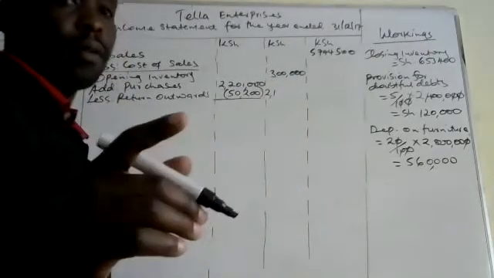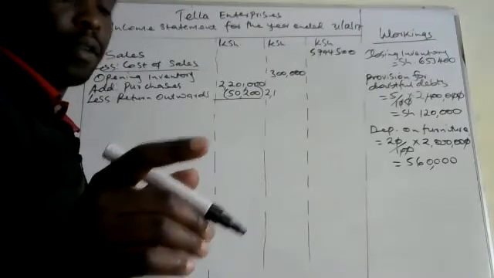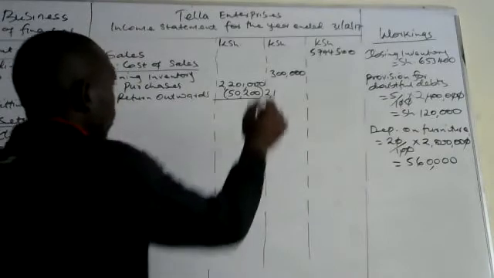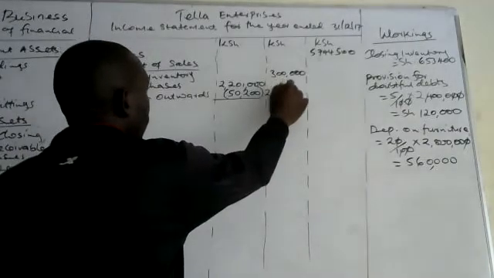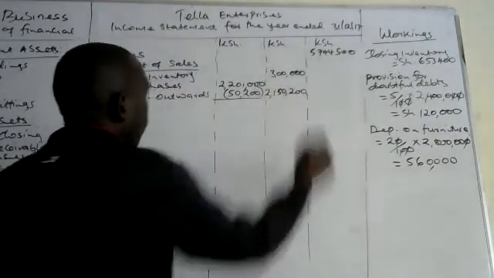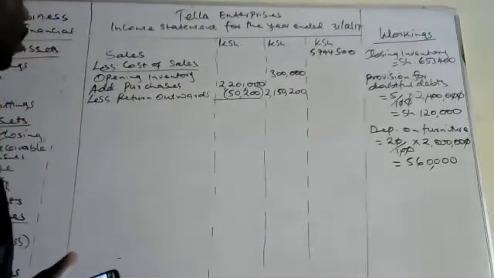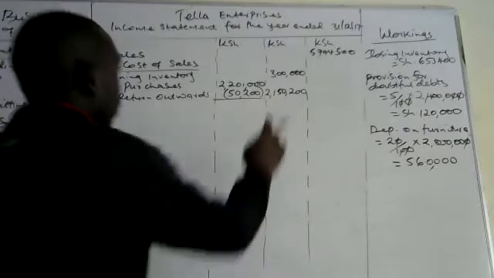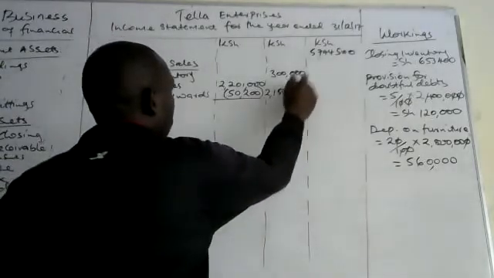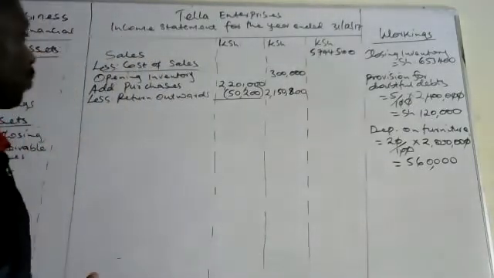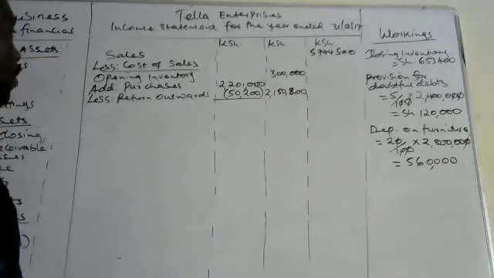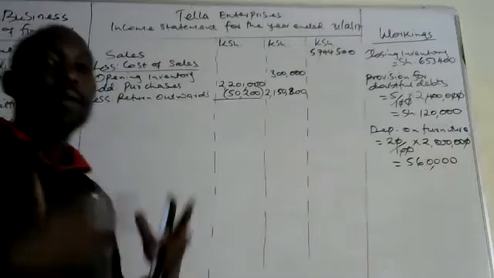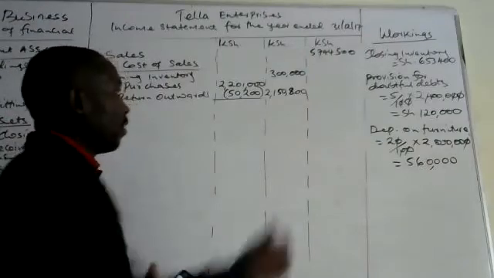Come again, please. 2,195,800. Yes. Okay, thank you. Then that is the net figure for the purchases. What we actually purchased and remained in our business is that.